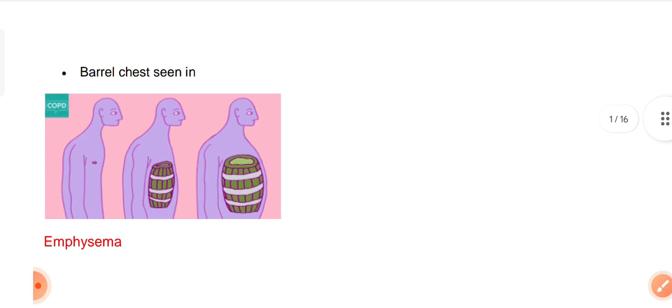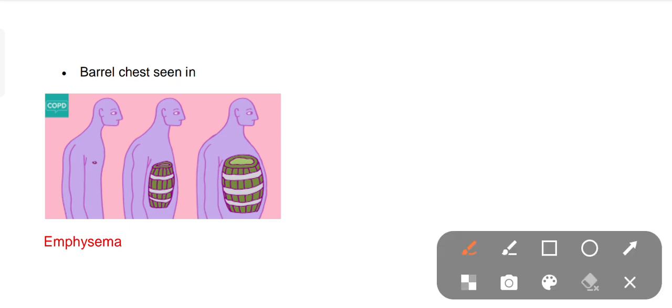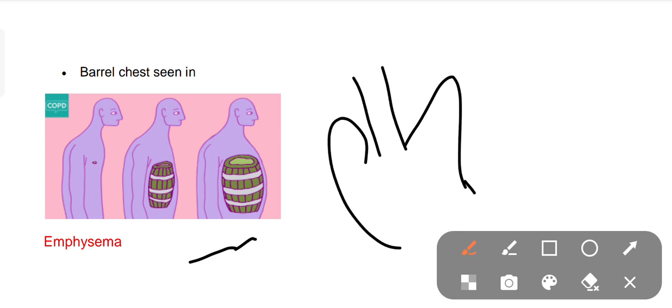So the first point is barrel chest seen in. If you see the picture, the man carrying the barrel is nothing but a small drum. This kind of clinical feature we can see in the case of emphysema. Emphysema is nothing but blocking or damaging of the alveoli.